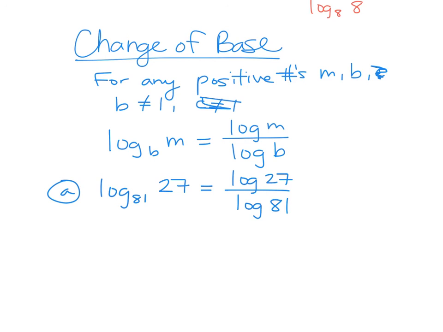When you plug this into your calculator, log 27, you have to finish off this parenthesis. So log 27 parenthesis divided by log 81. And that comes out to, anyone want to tell me? 0.75. Good.